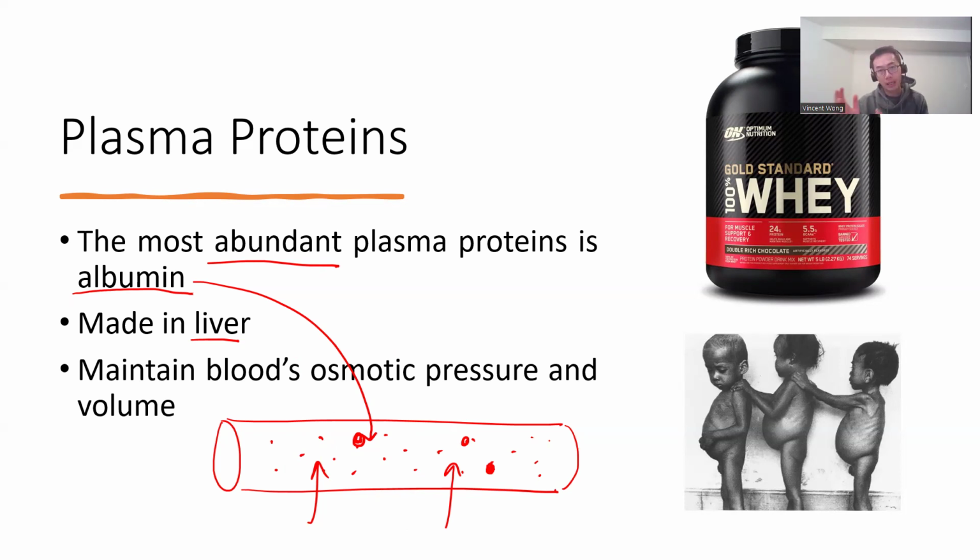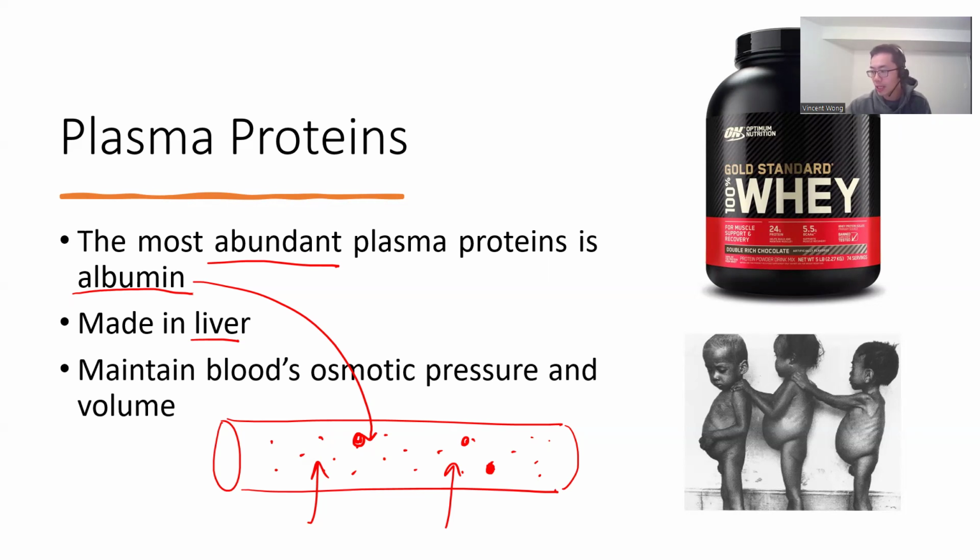And again, last lesson, we learned about capillary exchange. While osmotic pressure is trying to pull the fluid and hold it in the blood vessels, what force is pushing the blood out all the time? Blood pressure?